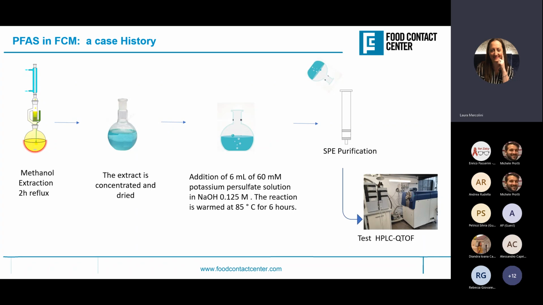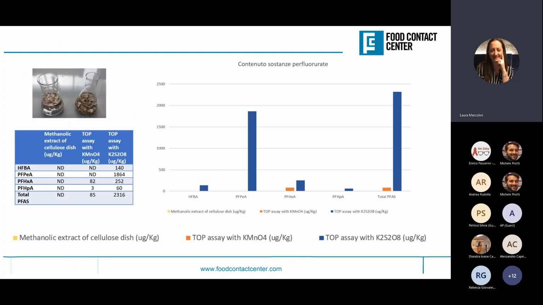So metal extraction, then concentration, and then we added the potassium persulfate, and then SPE purification and testing. And we can see here the different results. So we can see here nothing with the simple methanolic extract, some result with the treatment with permanganate, and a better result with the treatment with the persulfate.